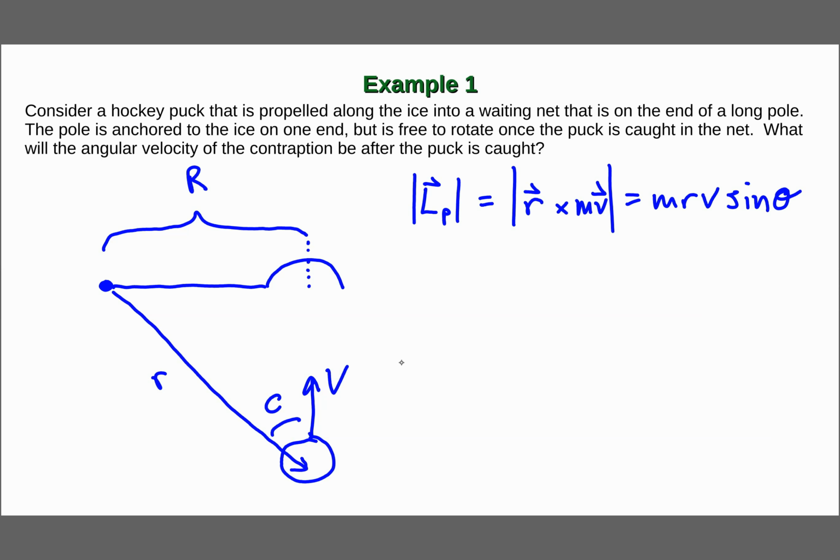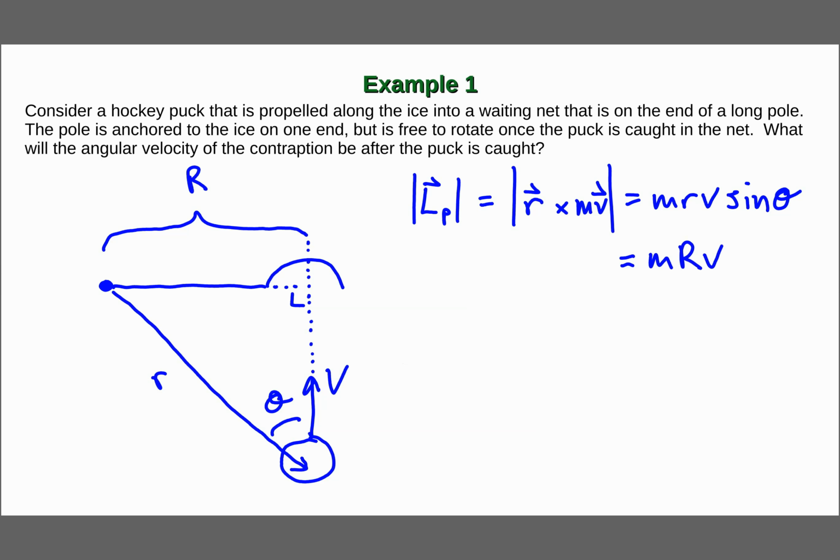But if I look at my triangle here, notice that I have a right triangle, and this side that I've marked capital R, that's actually r sine theta. So this becomes m big R v.